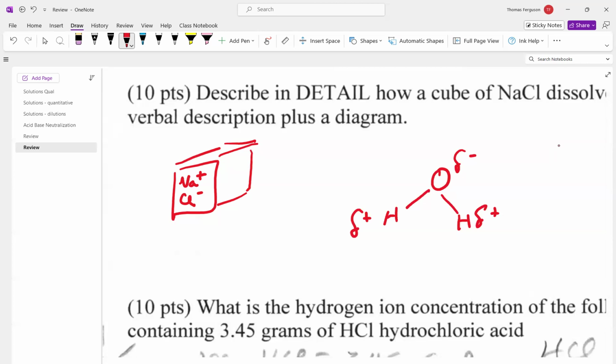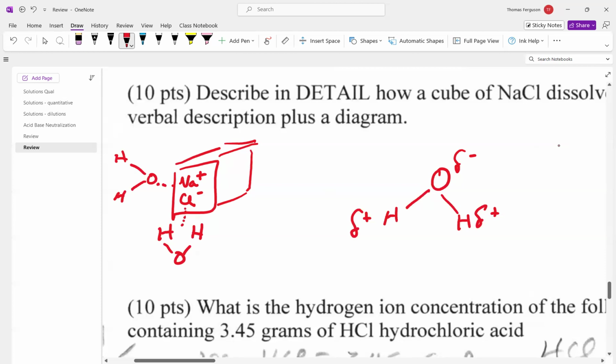So what's going to happen is the polar water molecule is going to pull out the ions in the salt. The oxygen is going to be attracted to the sodium, and the hydrogen will be attracted to the chloride.